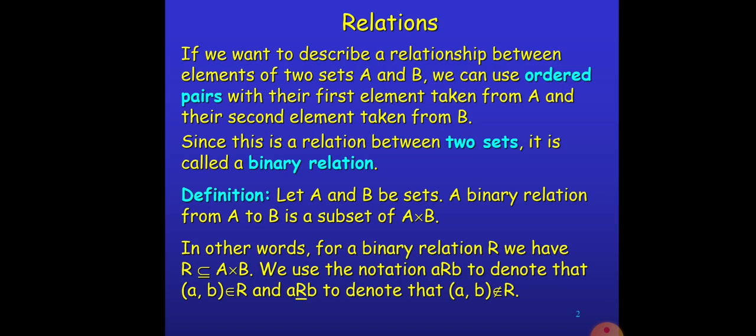That means small a, a member of capital A, is related to small b, a member of capital B, and to denote that, the ordered pair (a, b) belongs to R, because if they are related they form an ordered pair. To denote that (a, b) does not belong to R, we write a R-slashed b, which means a is not related to b.